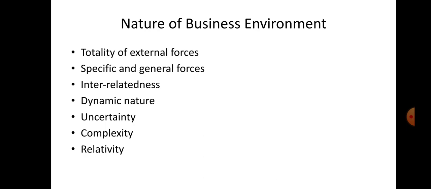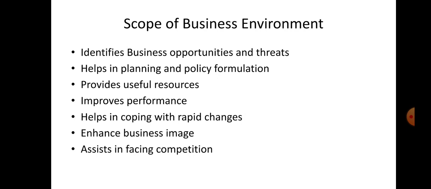The environment has the influence of external forces, then some general and specific forces, interrelatedness, dynamic nature, uncertainty, complexity and relativity. Now let us discuss the scope of business environment.